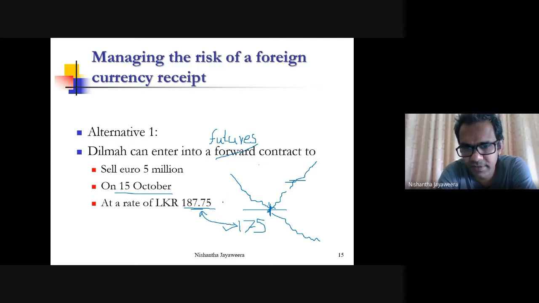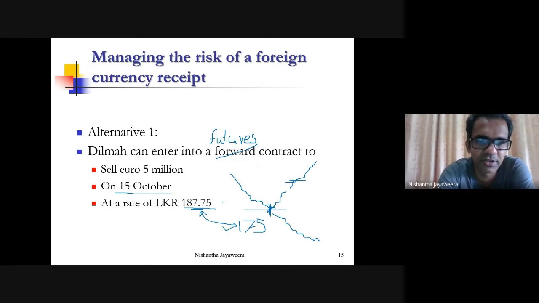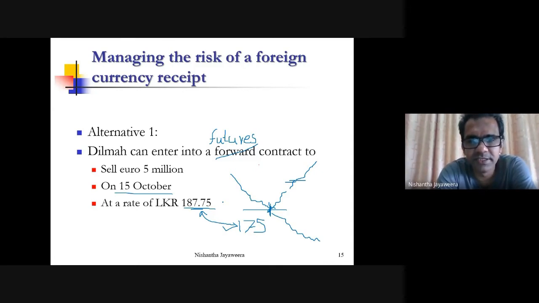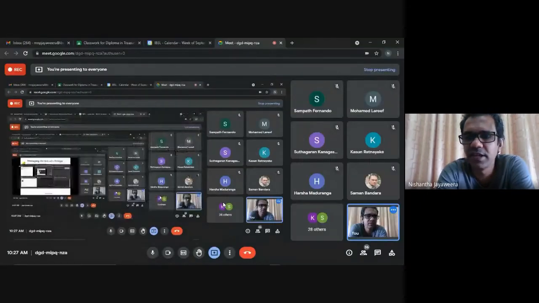So we didn't have any credit risk, but with these transactions, by entering into any of these, we take the credit risk while hedging the market risk or the foreign exchange risk. Okay, any question? That's all about that.